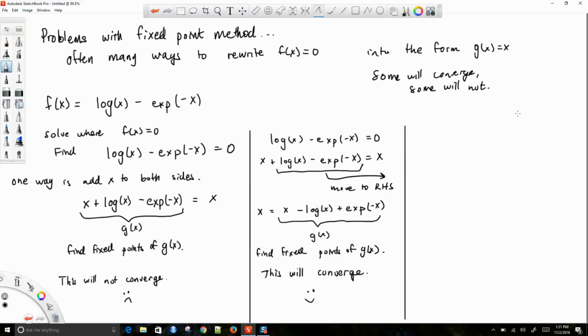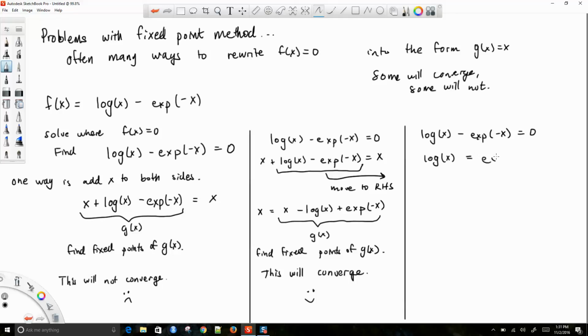And then, further still, another way that the book works is, I'm just trying to write this into the form of x is equal to something else.